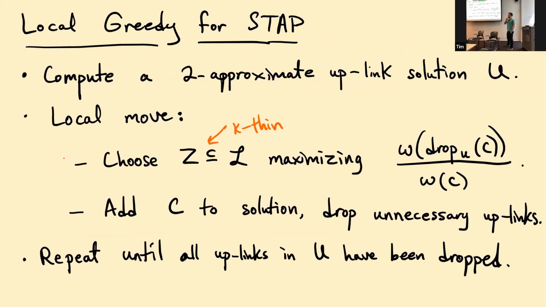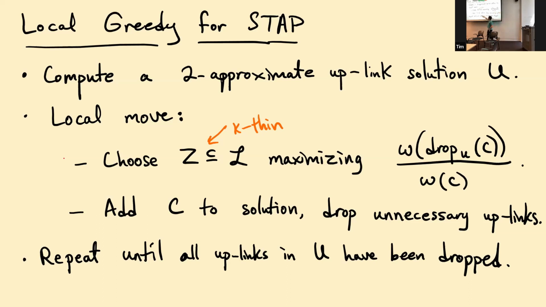So overall, the algorithm is start with the two-approximation, which uses uplinks, and then now just compute the equivalent instance of hypertap, and in each iteration choose a k-thin component of hyperlinks to add to the solution, and drop the redundant uplinks.